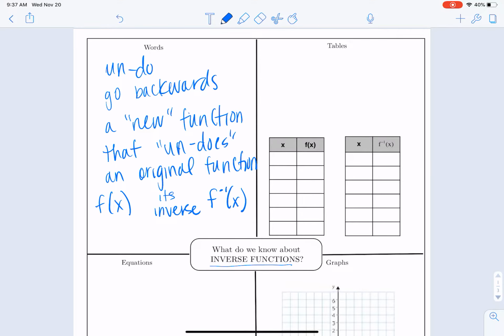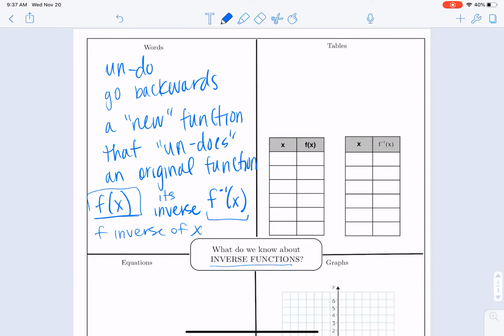So f with a -1, it looks like an exponent, but it's not really an exponent. It's honestly just poor math notation for whoever invented it. So this is read as f inverse of x.